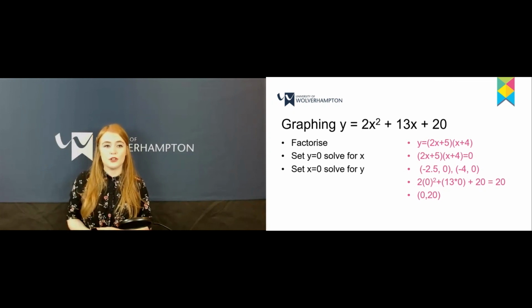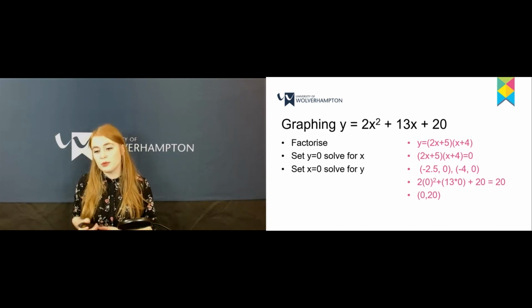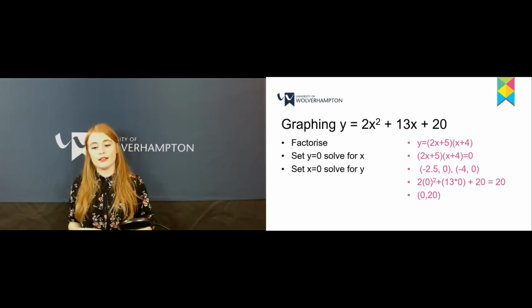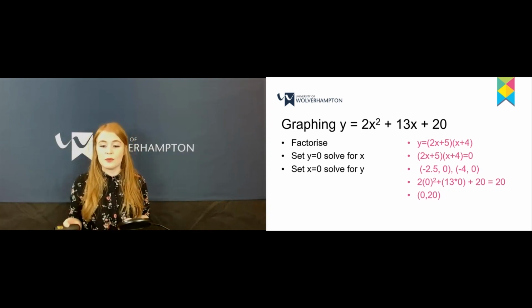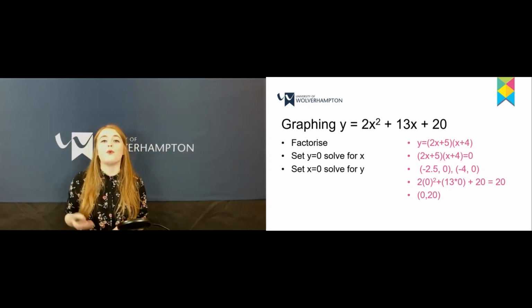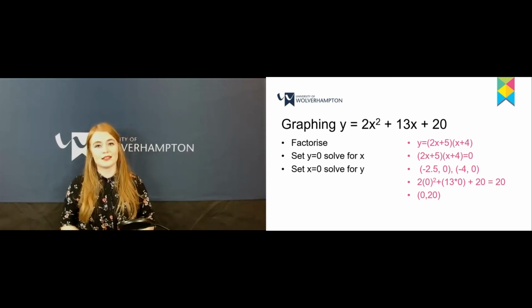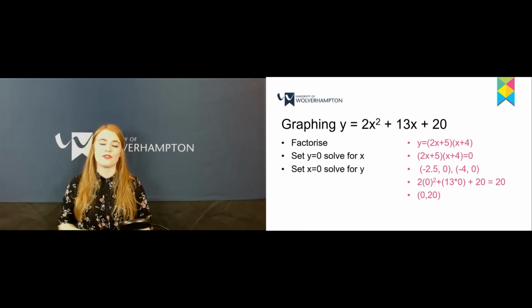So we have 2 multiplied by 0 squared, which all just goes to 0. 13 multiplied by 0, which again just goes to 0, and then you're left with plus 20, which if you remember is our c and is our y-intercept. So it makes sense that our coordinates for this would be when x equals 0, y equals 20, because that's where it's going to cross on the y-axis. So hopefully this should enable you to graph the quadratic.